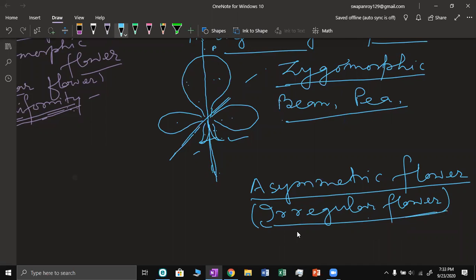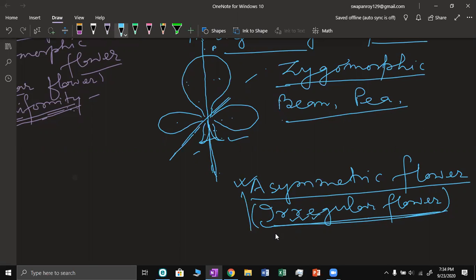So they are of very different types. There is no uniformity in the parts of the flower. So they are irregular, no regularity. So they are also known as asymmetric flowers.